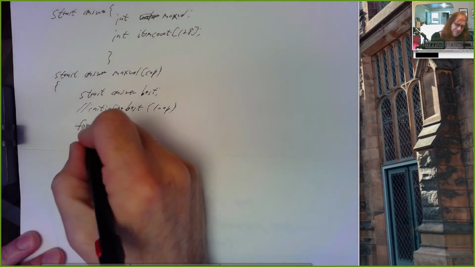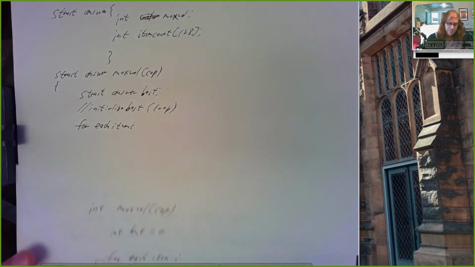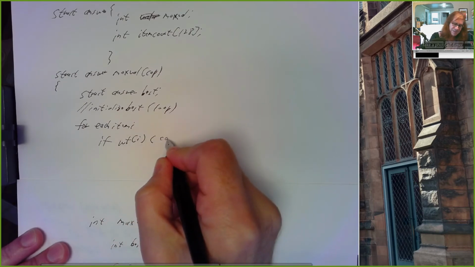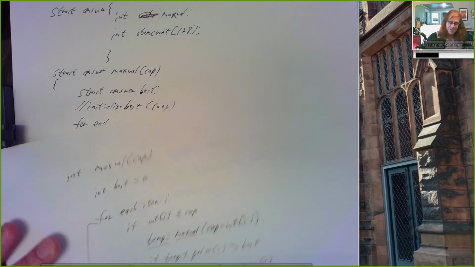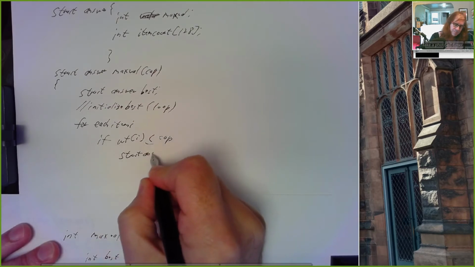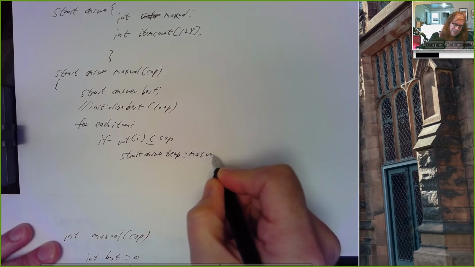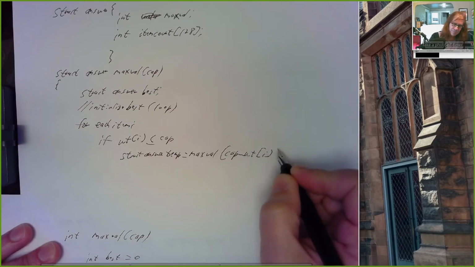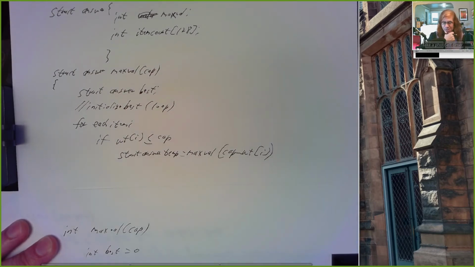And then, again, for each item I, if the weight of I is less than or equal to the capacity, temp is not going to be an integer, it's going to be a struct answer. So call maxval of capacity minus the weight of item I, and save that partial answer under temp.